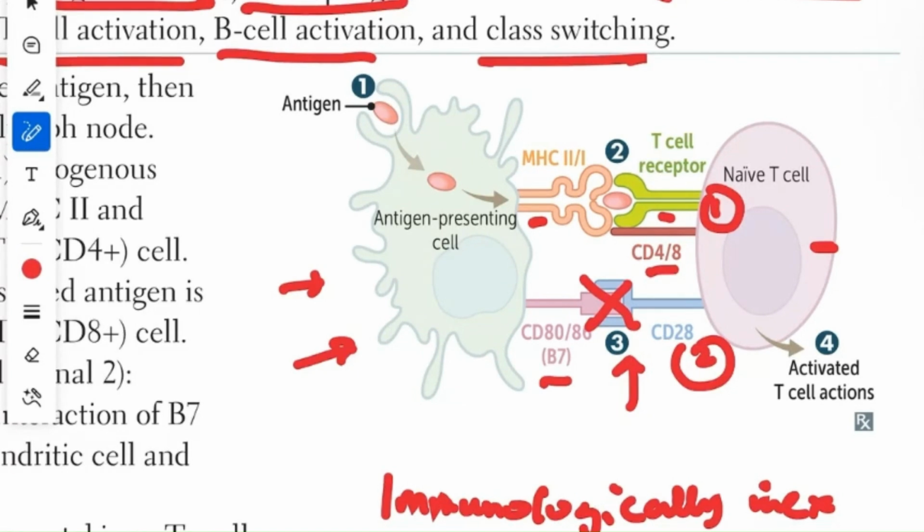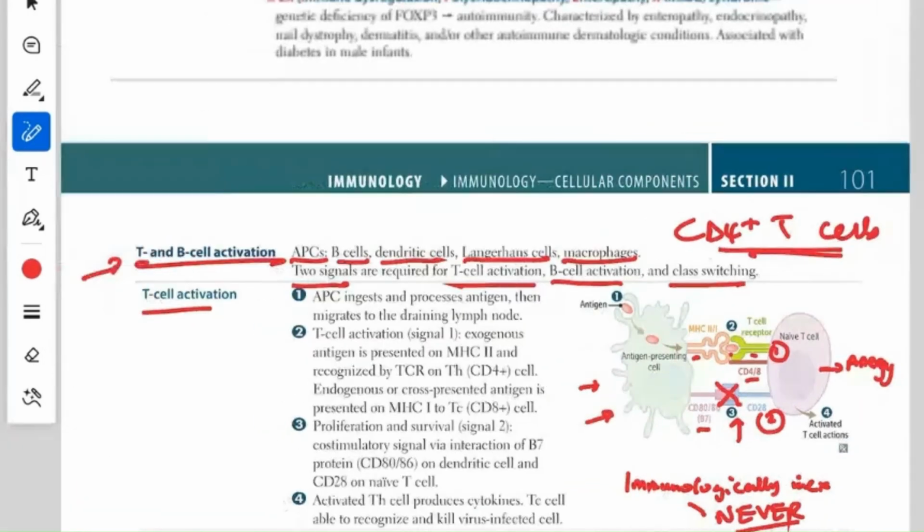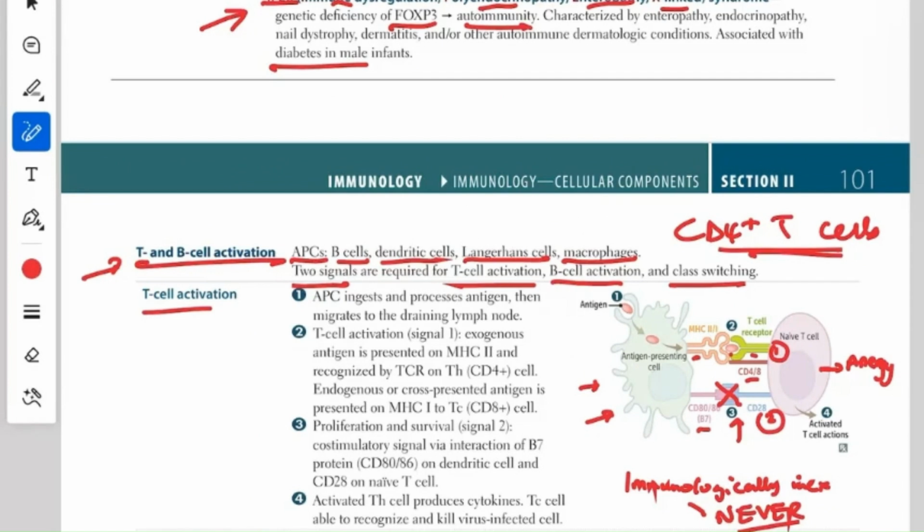In fact, if the antigen is between MHC2 and the T cell receptor, so you have that number one interaction, but the number two co-stimulatory signal doesn't happen, this T cell will go into anergy. Once I'm done with this, I'll explain what anergy means shortly.